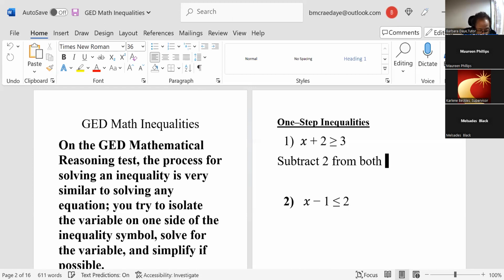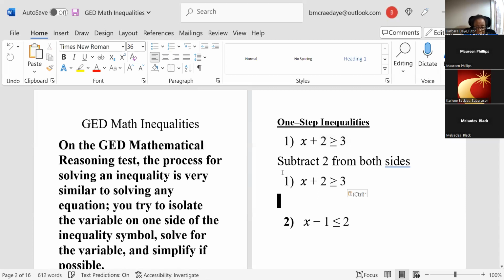Let me just copy this and subtract the 2. Remember, these work just like if that greater than or less than was an equal. Same operation. So I want to subtract the 2 from both sides: minus 2, and subtract the 2 on the right, minus 2. And on the left, we just get X, right?